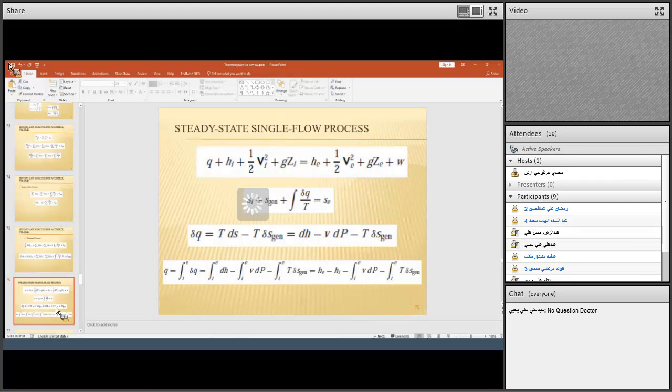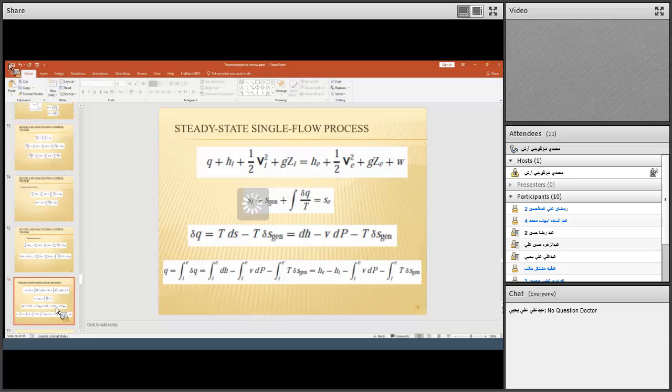Now consider the steady state single flow process. Heat transfer plus enthalpy at inlet plus kinetic energy at inlet plus potential energy at inlet equals enthalpy at outlet plus kinetic energy at outlet plus potential energy plus work.